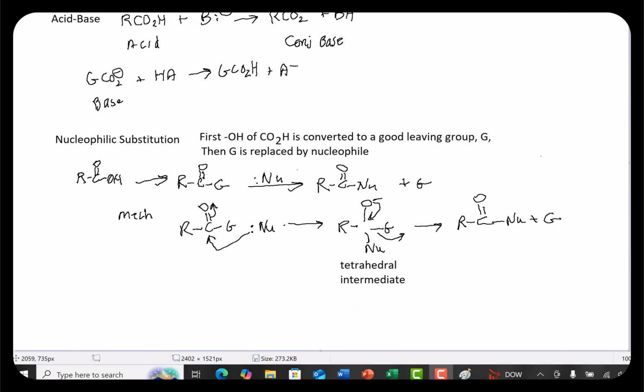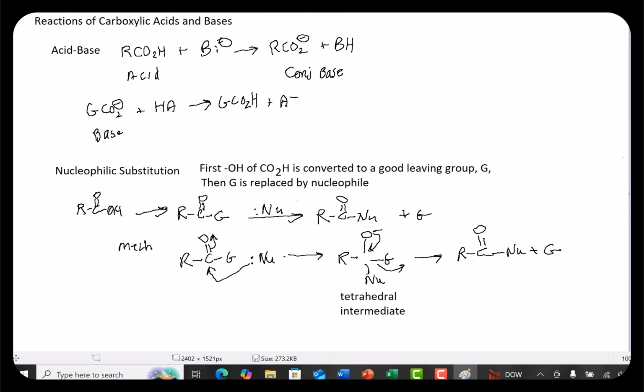We show that with the equation here. B minus, you could say, represents a strong base. It's going to pluck off the hydrogen ion from the carboxyl group, leaving the carboxylate and the conjugate acid of B.